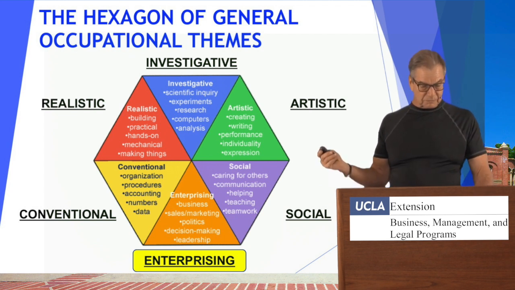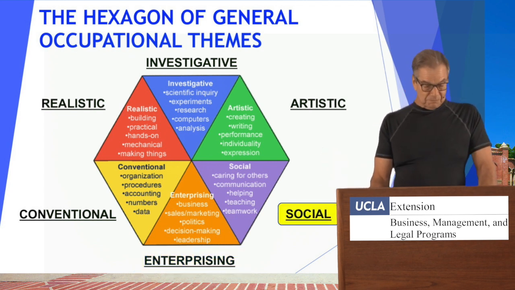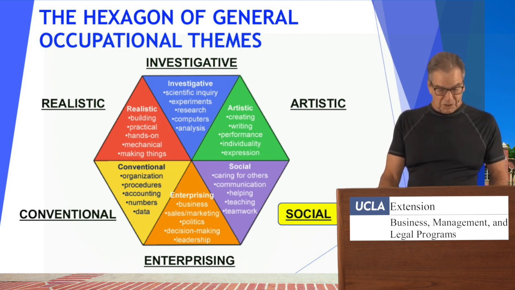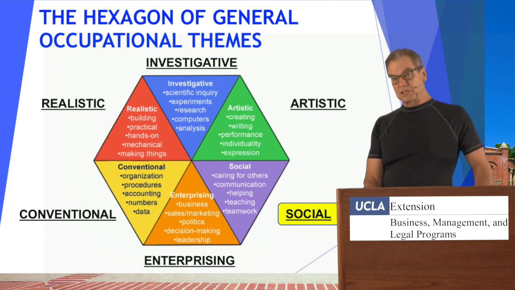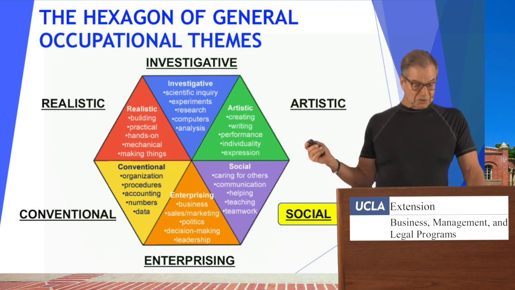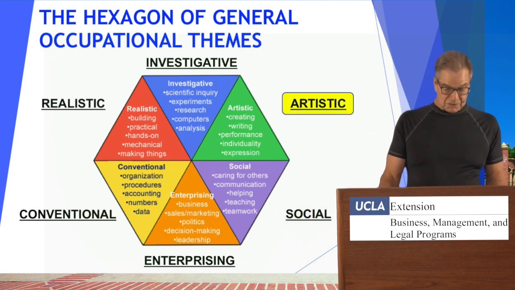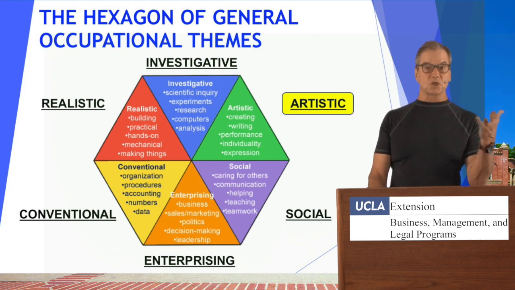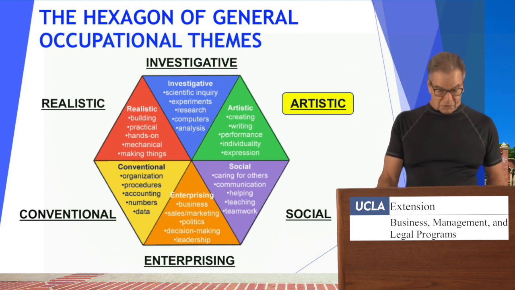Social kind of speaks for itself: people, caring for others, communication, helping, teaching, teamwork preferences. And then artistic is people who like to be creative, who like to come up with original solutions to problems, think out of the box.